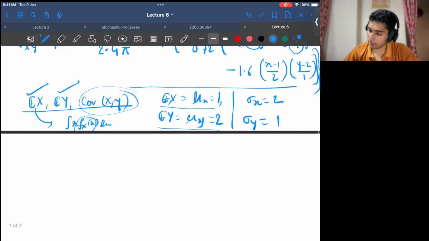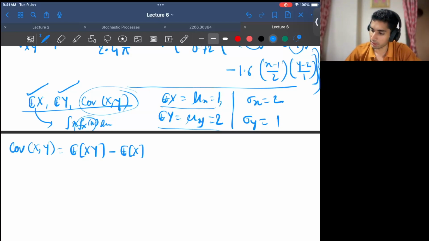Covariance of x comma y is equal to what? If you remember, it's equal to expected value of xy minus expected value of x times expected value of y. Now you know what is expected value of x, you know what is expected value of y, but you don't know what is expected value of xy.